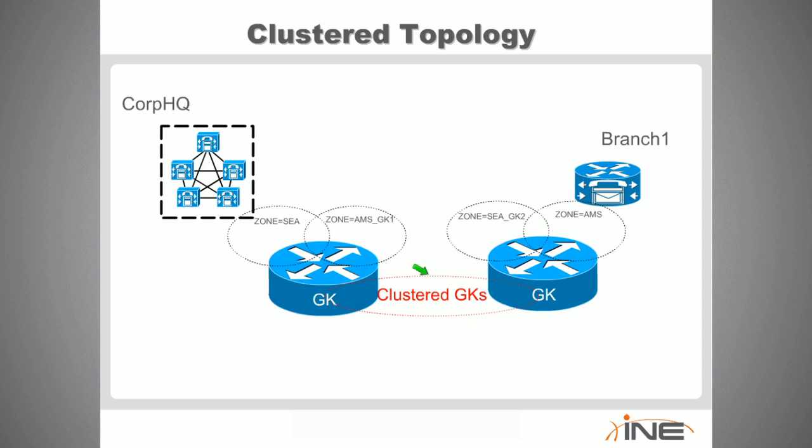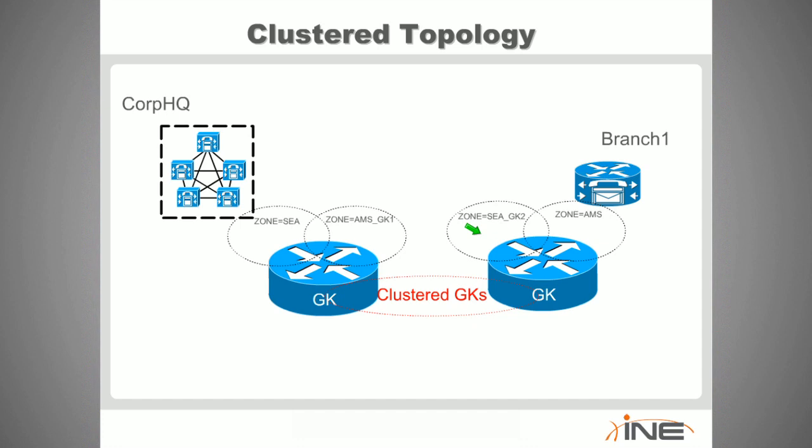Now what you're going to see is, because we're going to use clustering, when I register the corporate headquarter CCMs with the corporate headquarter router gatekeeper in the local zone called Seattle, it will automatically also pass that information across to the zone Seattle Gatekeeper 2, which is kind of a backup zone on another clustered gatekeeper.